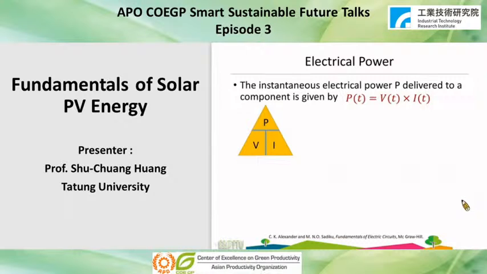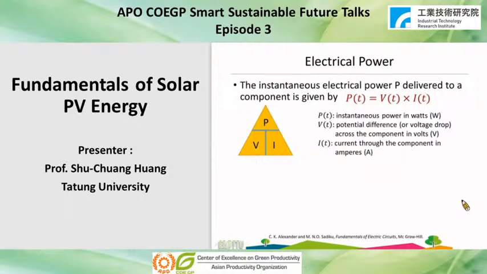The instantaneous electrical power, P, delivered to a component is given by P(t) equals V(t) times I(t). P represents the instantaneous power in watts, V is the voltage or potential difference across the component in volts, and I is the current through the component in amps.